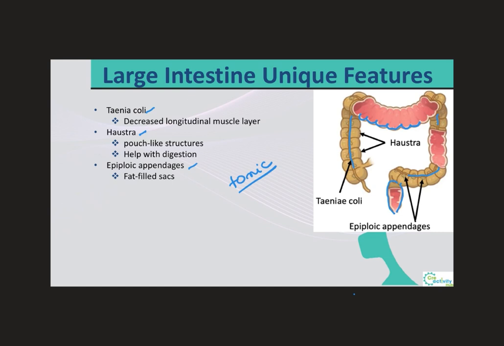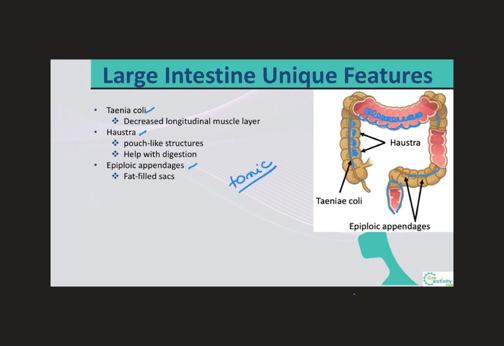And these haustra, which are responsible for the wrinkled appearance of the colon, are responsible for a continual breakdown of the chyme that's passing through the large intestine, as the pouches form sort of like a segmentation process where it churns the contents as they move down from one compartment to the other. So even though the propulsion of food is done by peristalsis, those pouches create a churning that is similar to what occurs in the segmentation process.